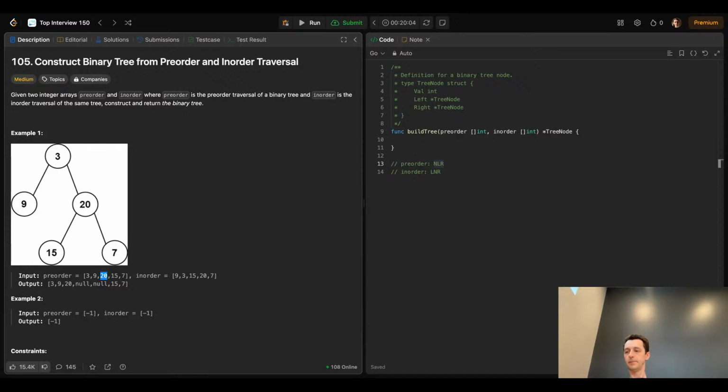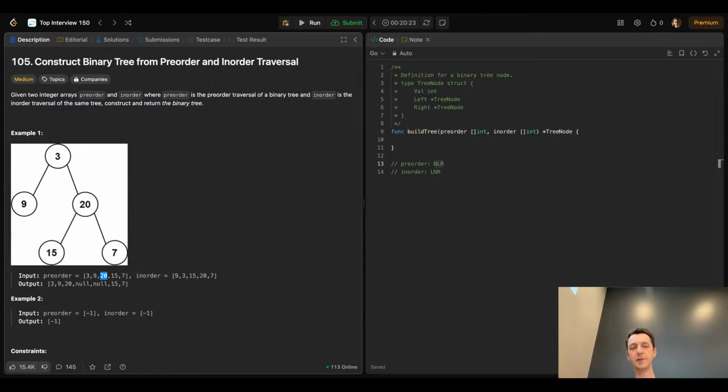And then we go to the right. Well, we want to know for this specific node, okay?